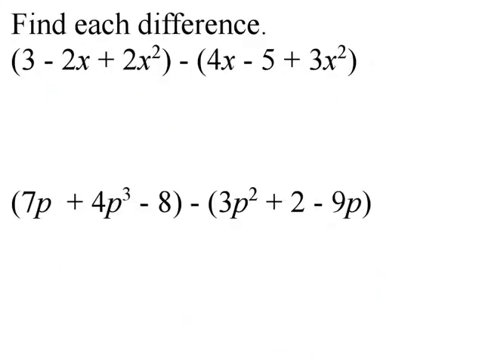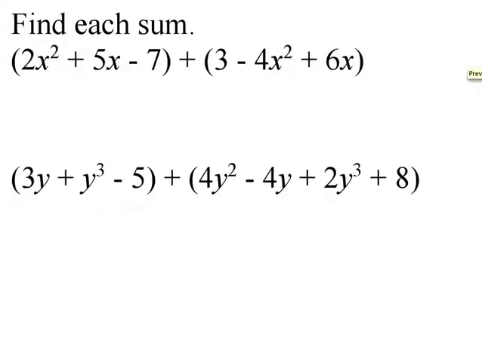Let's look at another example. Find each difference. Oops, I skipped one. Just a sec. Let's go back there. There we go. Find each sum. Got to find the sum before the difference. On this one, I'm going to try and find like terms. What would be a term that is like 2x squared? Negative 4x squared. What is the net result there?